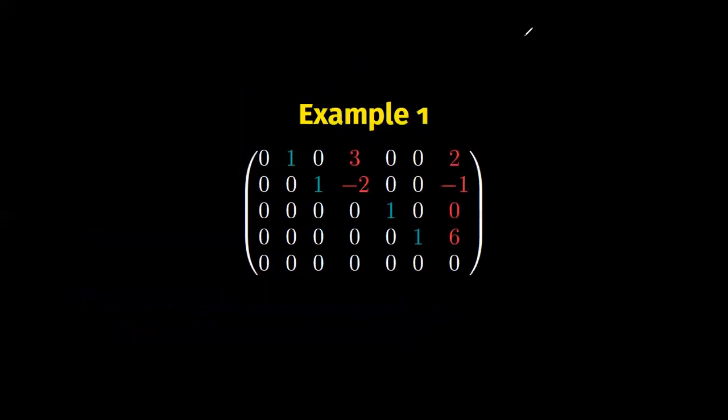Now let's see some examples. The first is a 5 times 7 matrix. Again, we are drawing our stairs. And we clearly notice that we have 4 corners equal to 1, this, the second one, third, and fourth. And above each corner, all the elements are equal to 0, as you can see in the picture.